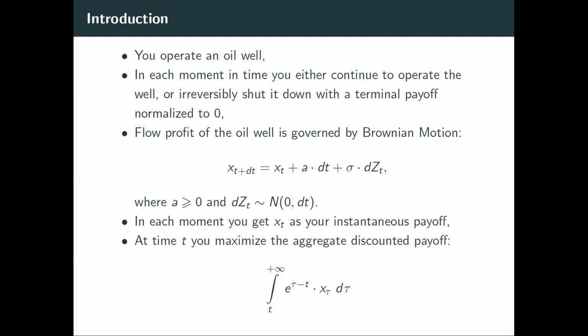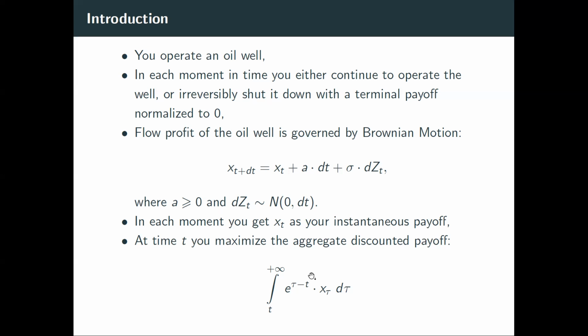As you see here, as we discussed, XT is not necessarily positive. So with some bad draws from this random noise, you can get quite deep into the negative area in terms of XT. And therefore, with negative instantaneous profits, you can decide to shut down.